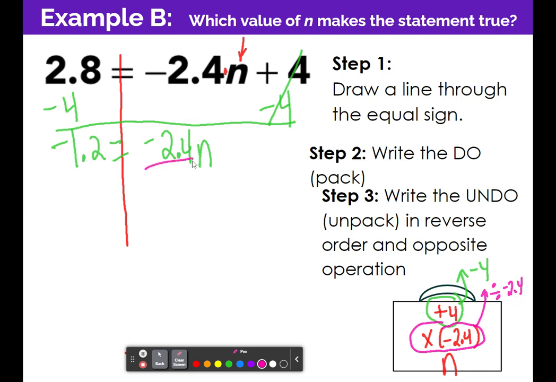So I'm going to divide both sides by a -2.4 as my second step. And that finally gets my n all by itself. I can finally take that out of my bag. And then -1.2 divided by a -2.4 is 0.5.